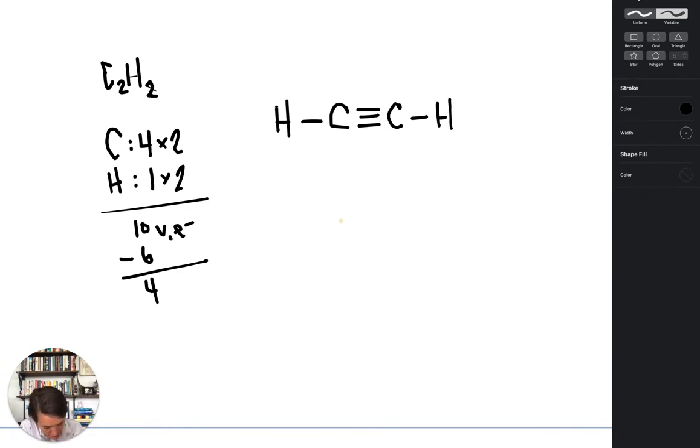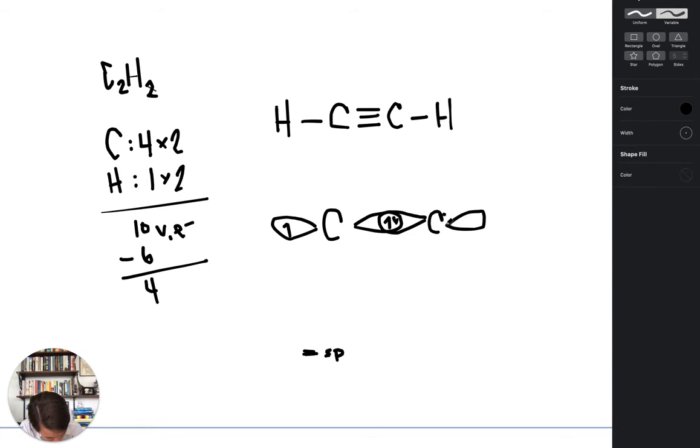All right, so going back to that cartoon, these are my sp orbitals, so in black, we have our sp hybridized orbitals. Then let me draw my other carbon first. Then we have our hydrogens.